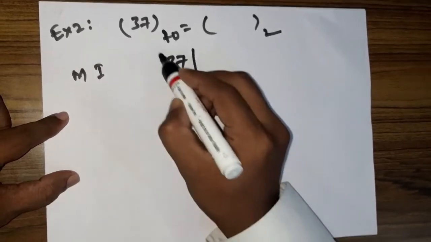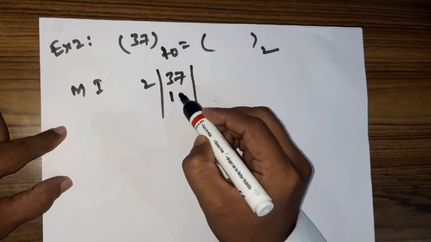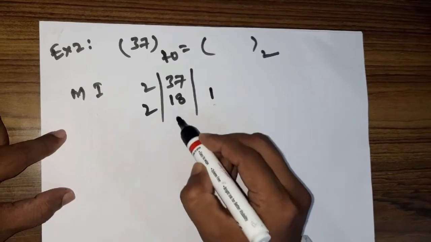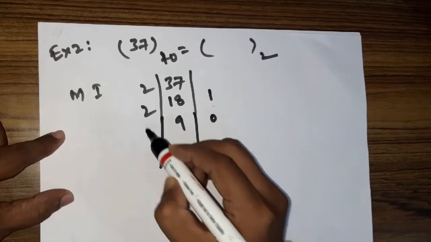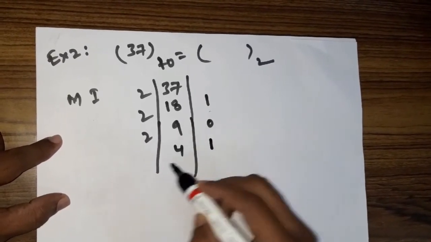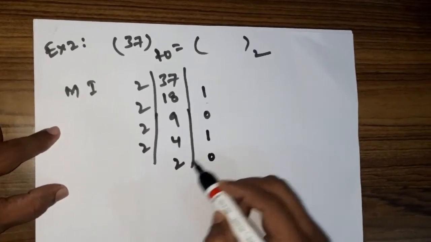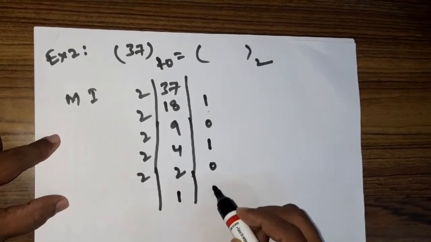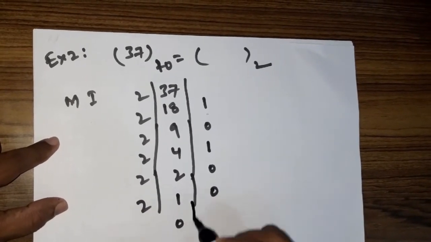37 divided by 2: 2 eighteens are 36, remainder will be 1. 2 nines are 18, remainder will be 0. 2 fours are 8, remainder will be 1. 2 twos are 4, remainder will be 0. 2 ones are 2, remainder will be 0. 2 zeros are 0, remainder will be 1.